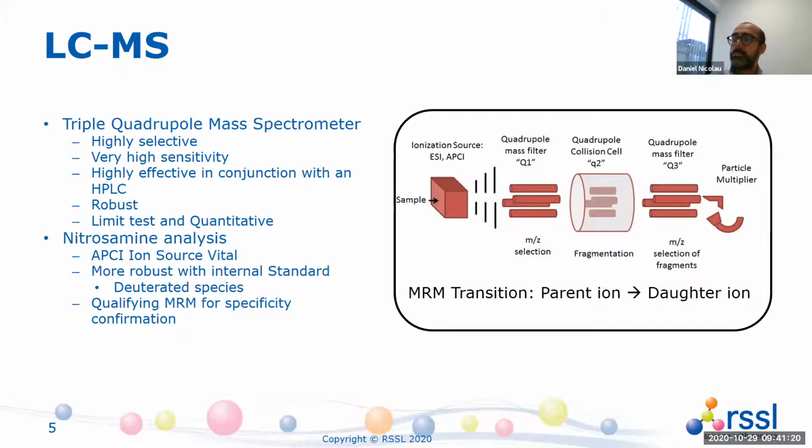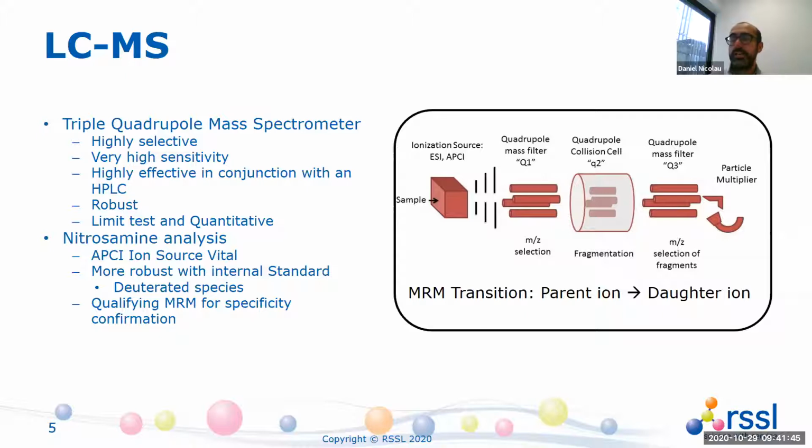Once that ion has been isolated, it moves to the collision cell, or Q2, where it can be fragmented. And those fragments will be very unique to that parent ion. And then in the quadrupole 3, or Q3, that daughter ion, or fragment ion, is then further filtered and then detected at the end.